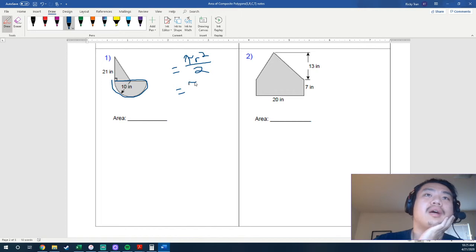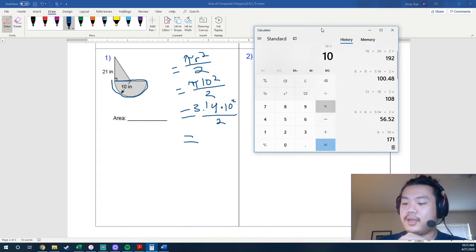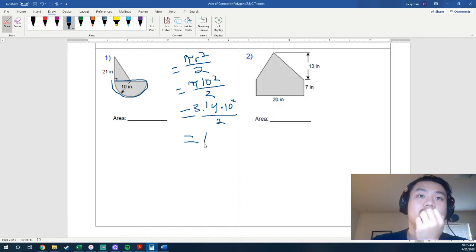So pi, 10 squared divided by 2, 3.14 times 10 squared divided by 2. Okay, so 10 times 10 times 3.14 divided by 2, 157.